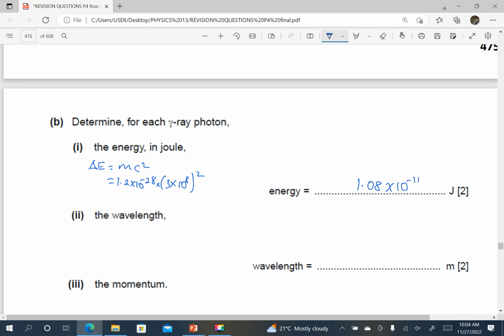Then the wavelength, since I have the energy of one photon. Remember, energy of a photon is also hc over lambda. So the wavelength is going to be 6.63 times 10 power negative 34 times 3 times 10 power 8 divided by the energy, which is 1.08 times 10 power negative 11.